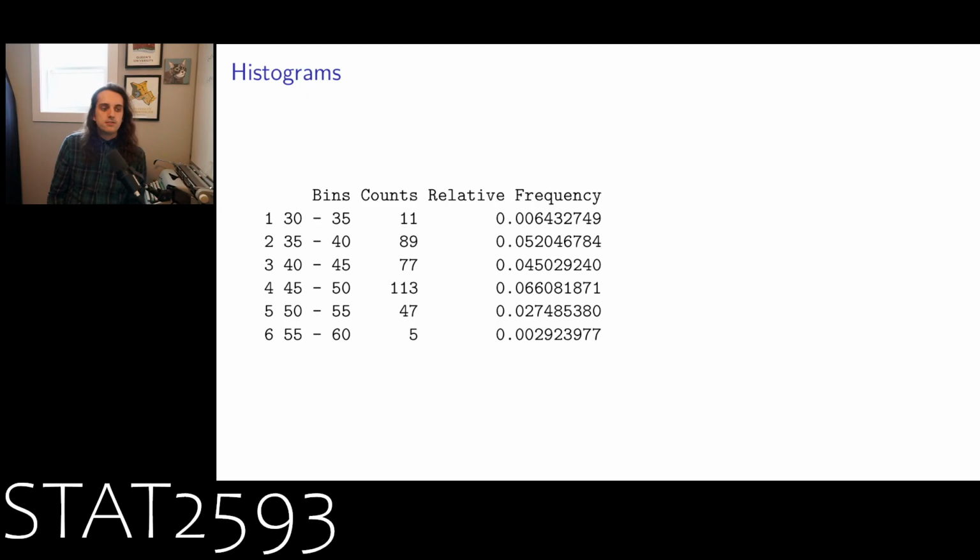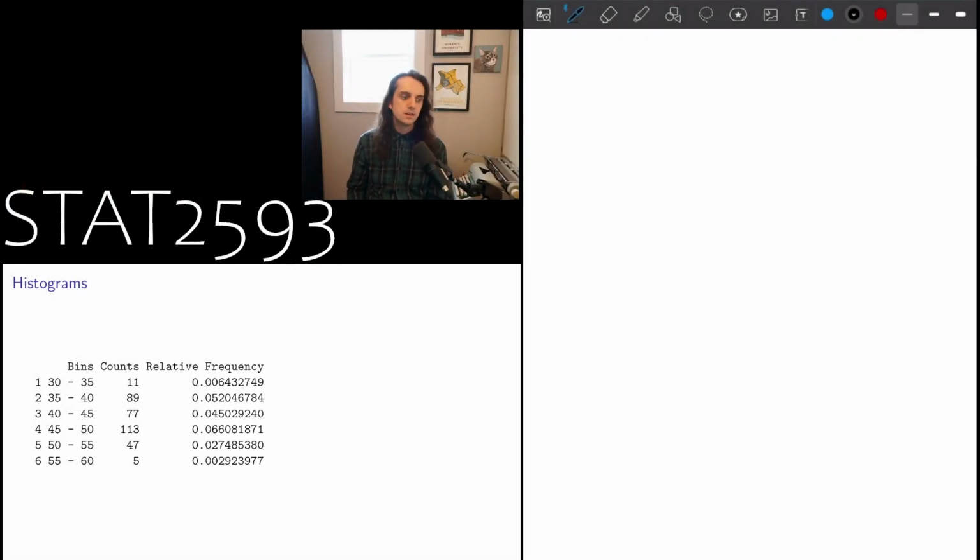If we think about how we would construct this histogram, we can think about having fixed a number of bins. In this case, we would say that the lowest value that we've observed is a 30, and the highest value that we've observed is a 60.